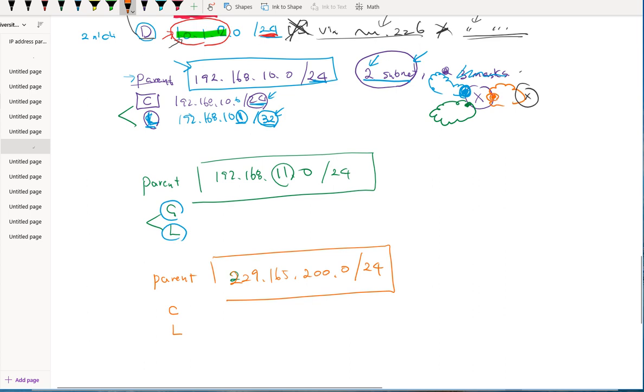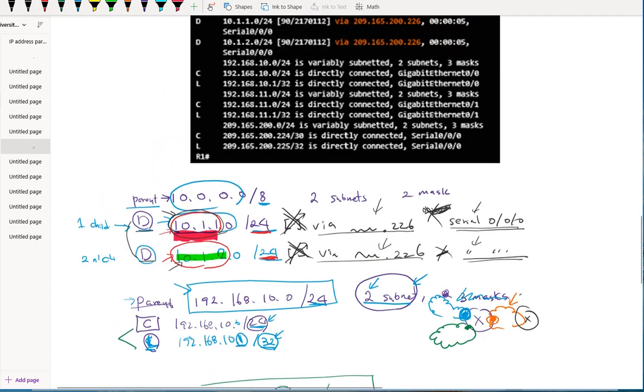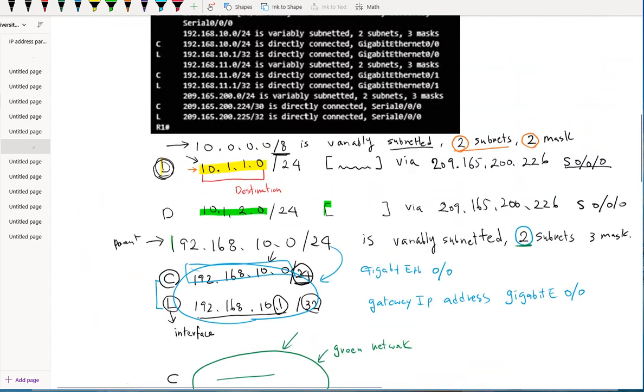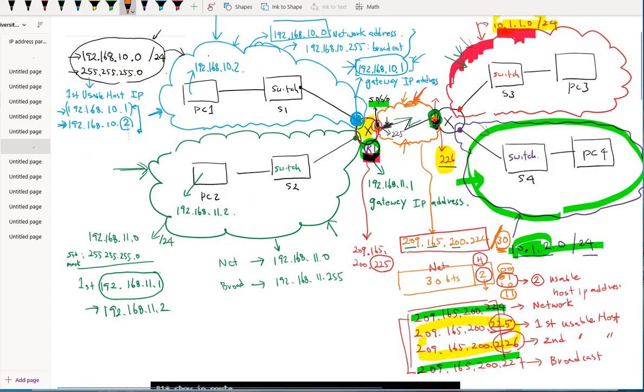So you have the network address, which is this, and the IP address of this interface is L, right? And so we have two children. So basically that's for R1, right? R1.